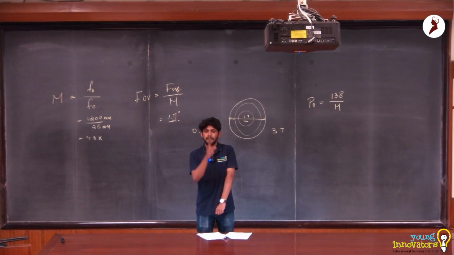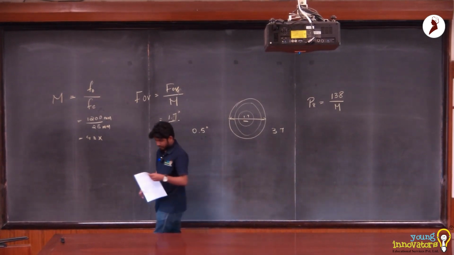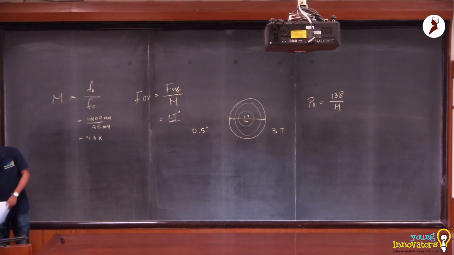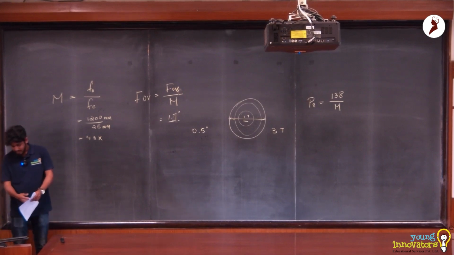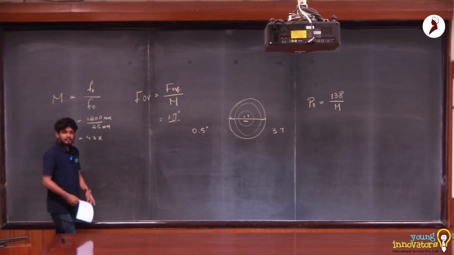Pushpita ma'am. Shouldn't it be 138 by D? 138 by D. So the question is resolving power. Should be D, right? Okay.